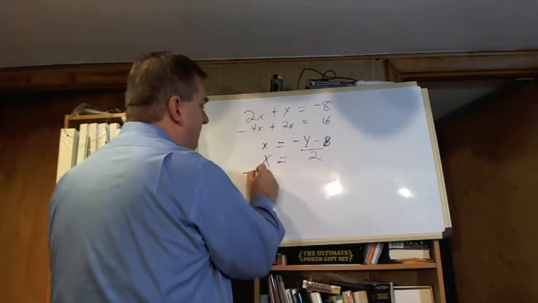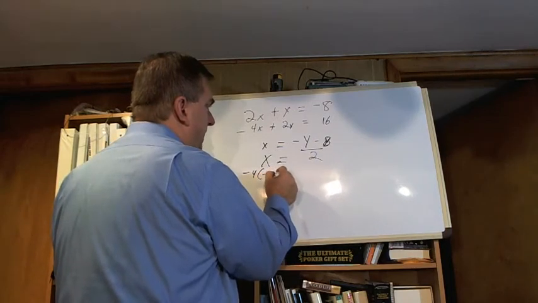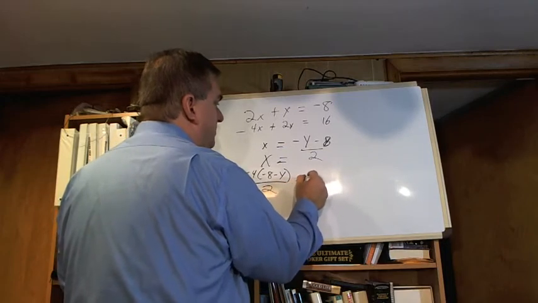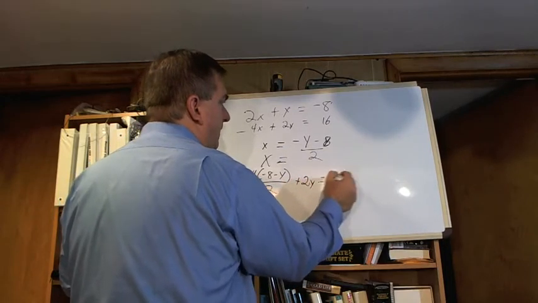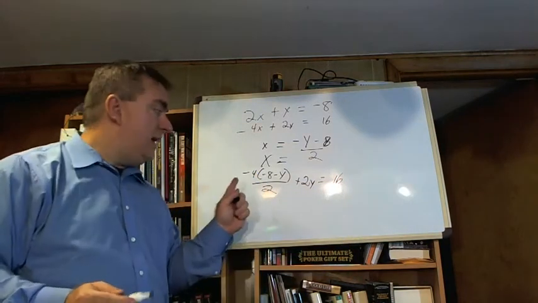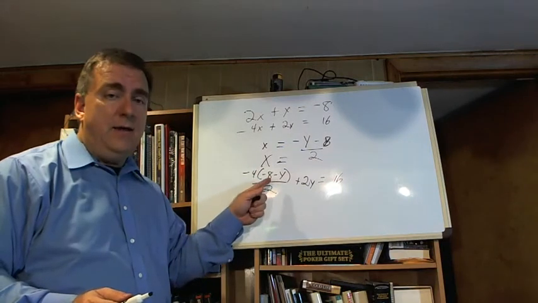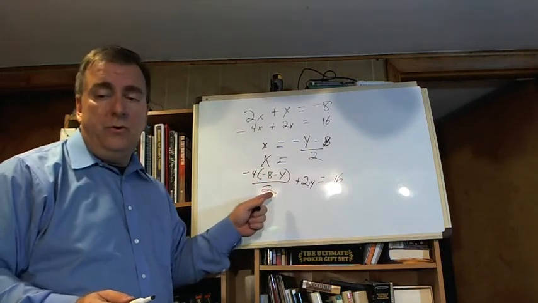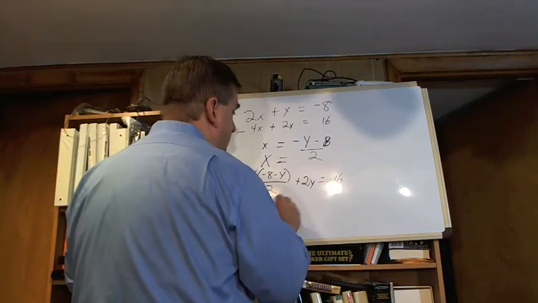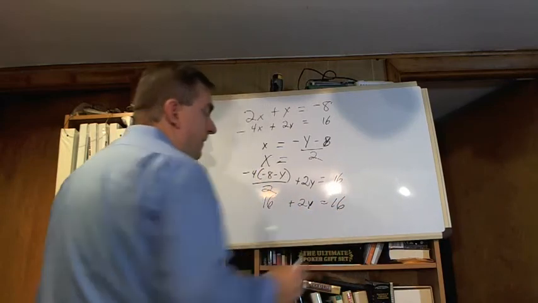So we've got negative 4 times negative 8 minus y over 2, plus 2y equals 16. So the negative 4, times negative 8 minus y, over 2 simplifies into what? 16. Okay, 16 plus 2y equals 16.